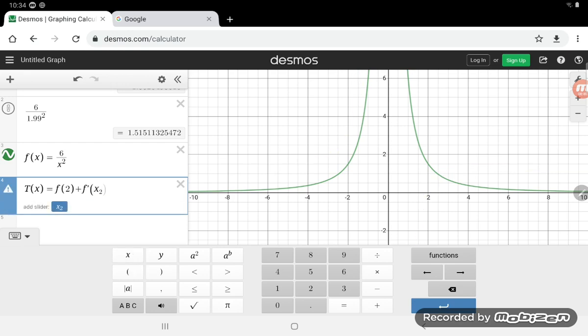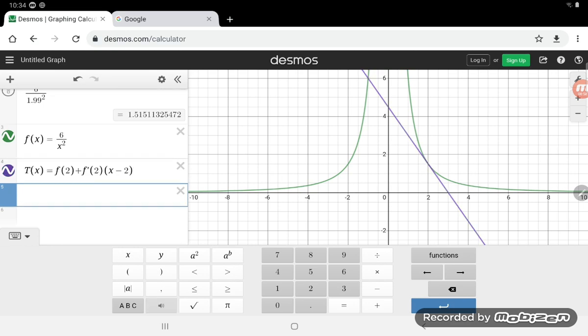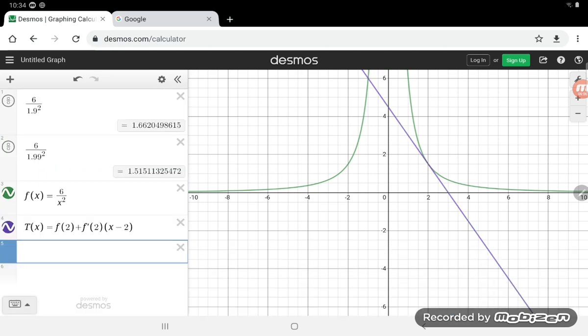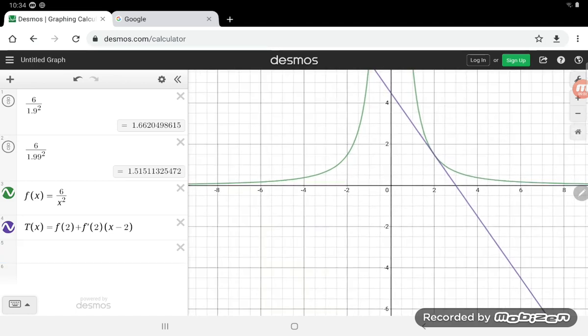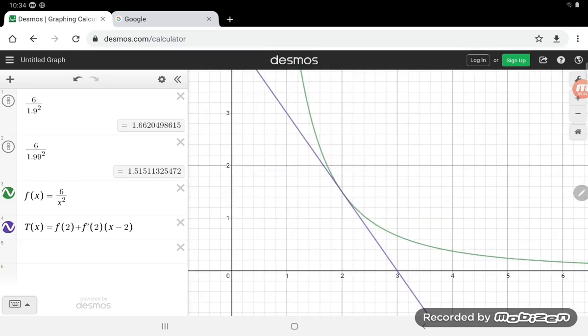Whoops. Didn't mean to do the x there. There's f prime of 2 times x minus 2. Whoops, that's not what I wanted. There we go. And so we see there's the tangent line.